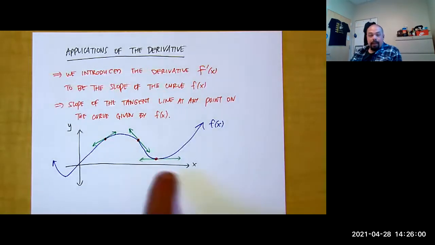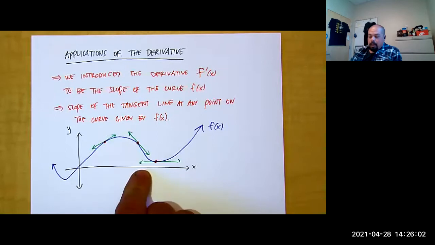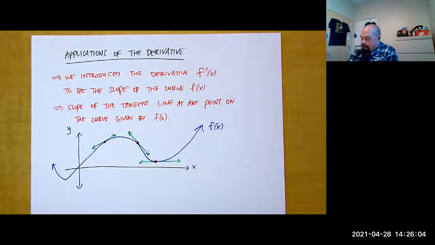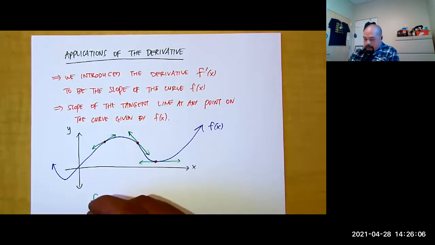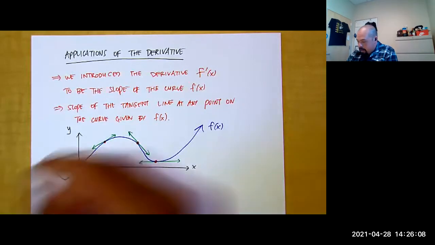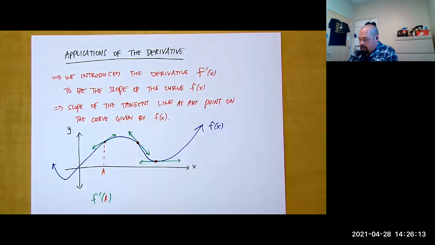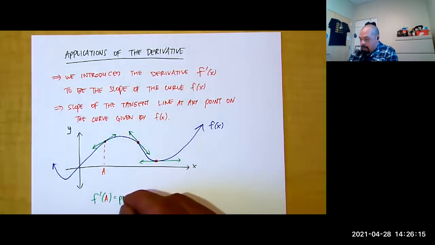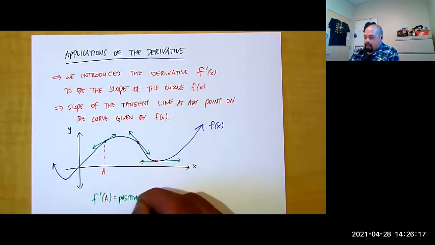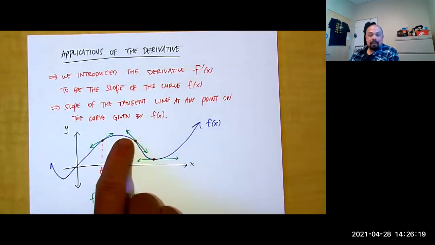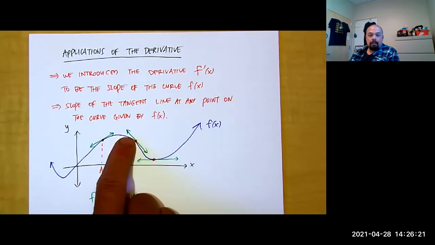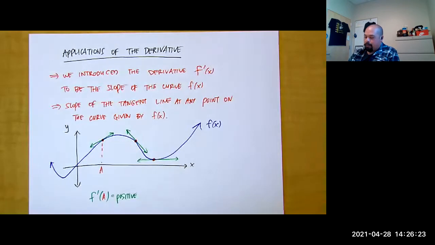And so at each of those points, we can evaluate and see what that derivative is. So f prime at a would be some positive value. Its slope's going upwards. It will be a positive value for our slope.